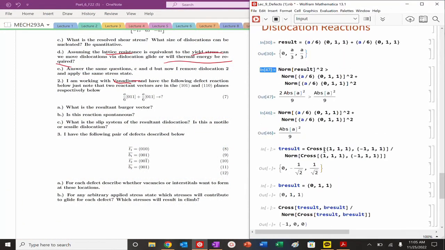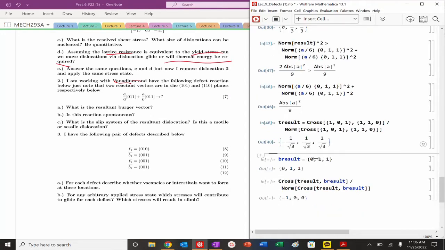But we also need to figure out our tangent. Our tangent is simply going to be taking the normal of each of these planes, crossing them, and figuring out where that lies, just like we've done in class previously. 1, 1, 0. We can put them here, and here's our T result.